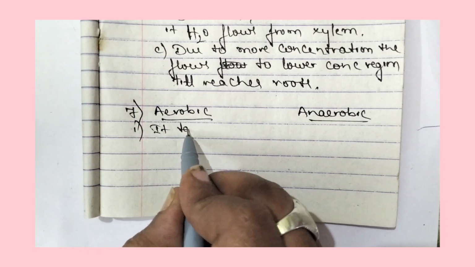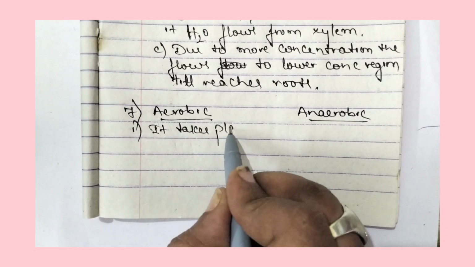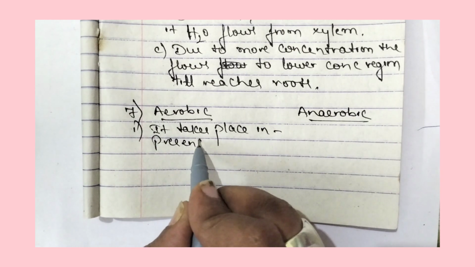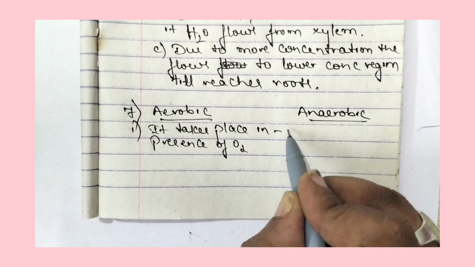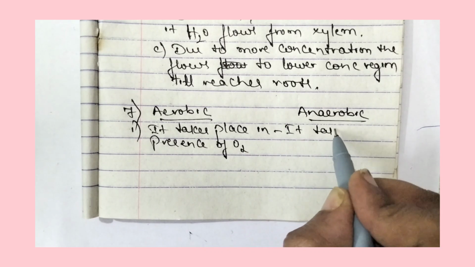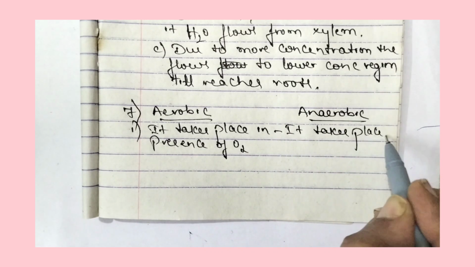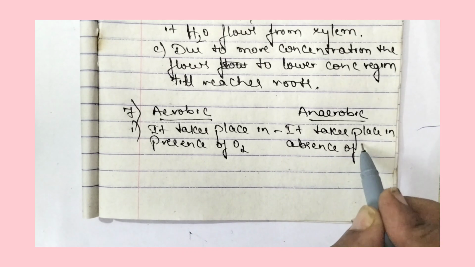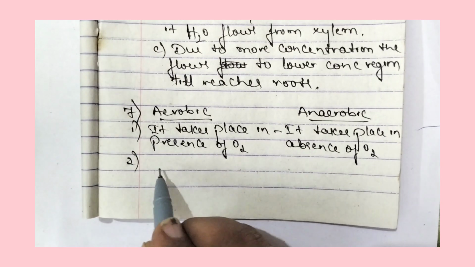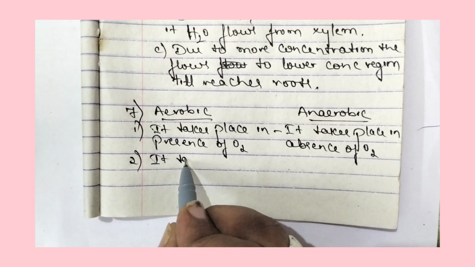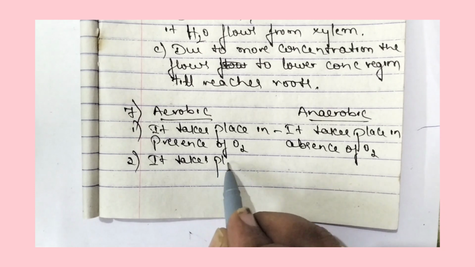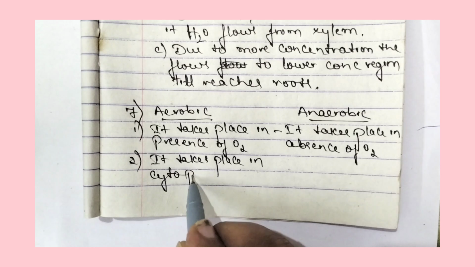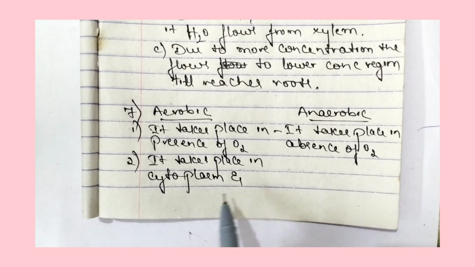Aerobic respiration takes place in presence of oxygen. Anaerobic respiration takes place in absence of oxygen. Then second point, aerobic respiration takes place in cytoplasm and mitochondria.